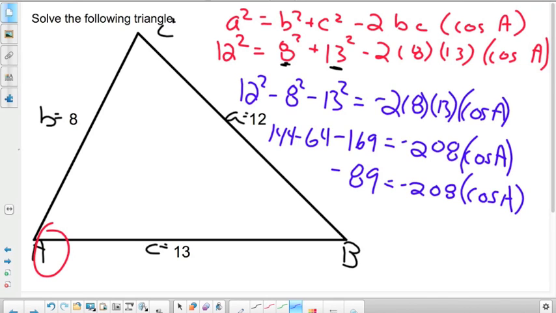Right, so I just did the arithmetic on the left-hand side, and the multiplication of my coefficients on the right. Now how do I isolate for cos of A? Well, I had a negative 2 here, right? So I want to divide both sides by negative 208.